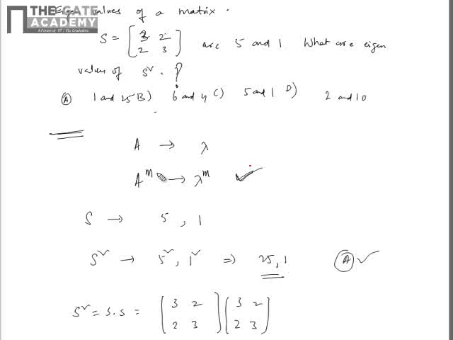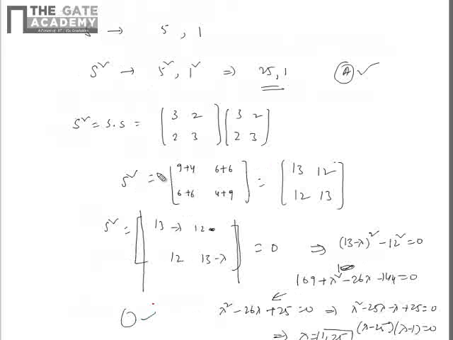So we have done both ways. The answer is A. Option is A. Answer is 1 and 25.